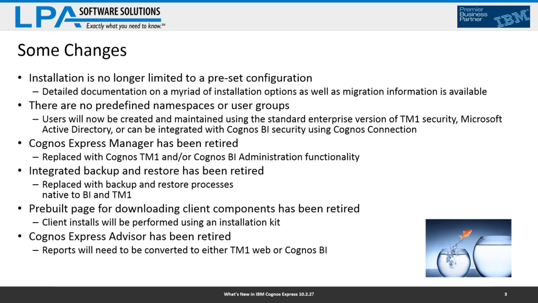That's not how you distribute that software with the enterprise tools, and therefore moving forward in 10.2.2 Express, you'll install clients the same way that the enterprise users install clients, which means there's a setup disk for all of the client software that you would execute. So it's not going to be downloaded through a page. It's going to be through an installation kit that you would download from Passport Advantage, or that you could actually request from IBM Physical Media.